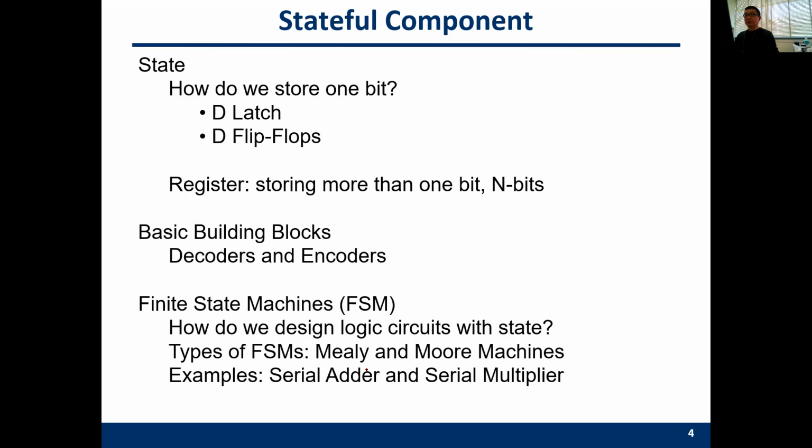So in this lecture, we will talk about the latch and the flip-flop. There are multiple types of latches and flip-flops. The simplest ones are the D-latch and the D flip-flop. For example, we can use D-latches to implement registers. It needs to record multiple bits, not only one bit, but at least 1 byte maybe.